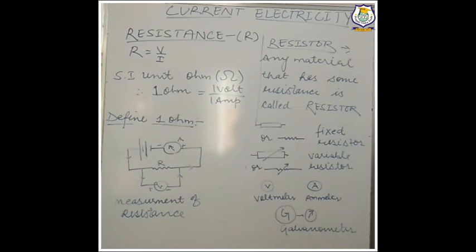It is the property of a conductor by virtue of which it opposes the flow of charges, or we can say it opposes the flow of current through it. So it is the property of a conductor due to which it opposes the flow of current passing through the conductor. Its SI unit is ohm.